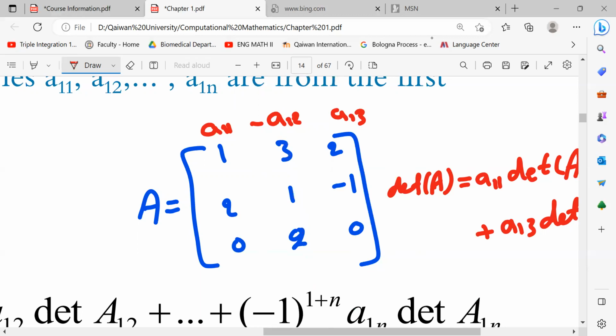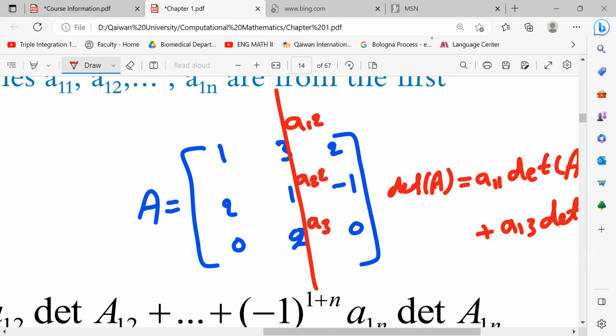In all cases, you must get the same result. Look, if someone takes this column, what are the elements on that column? It is A12, A22, A32.